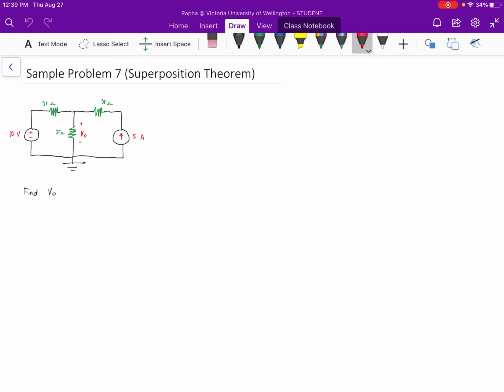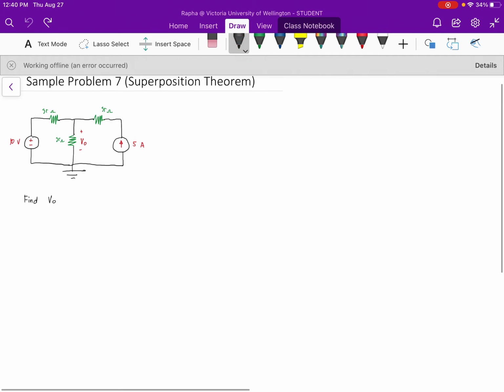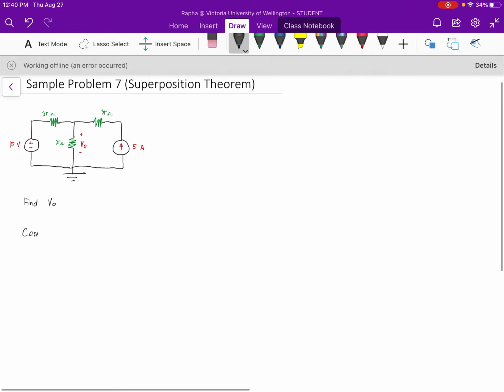We have case 1, just to label it. Case 1 is when the voltage source of 10 volts is on and our 5 ampere current source is turned off.